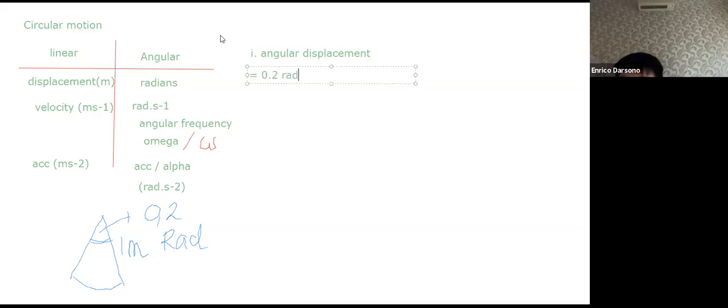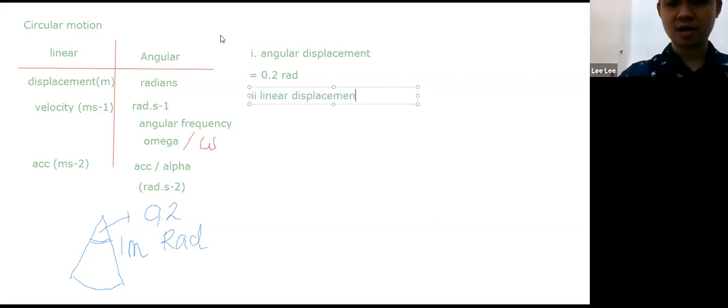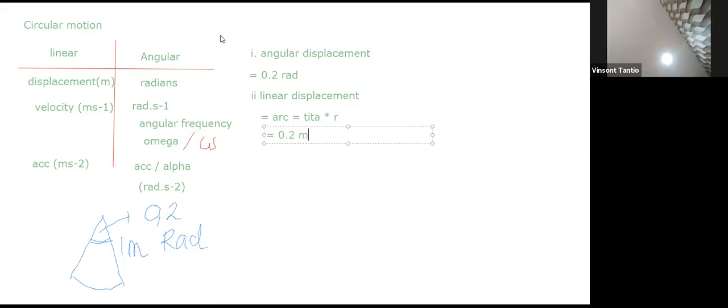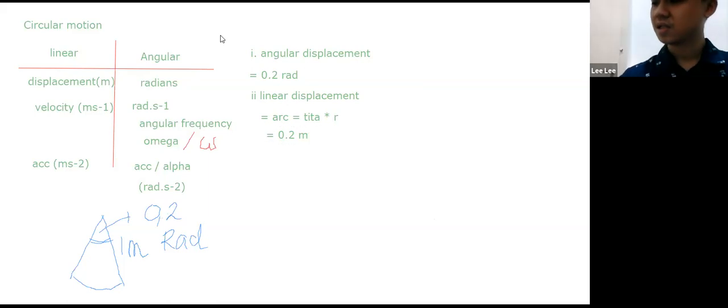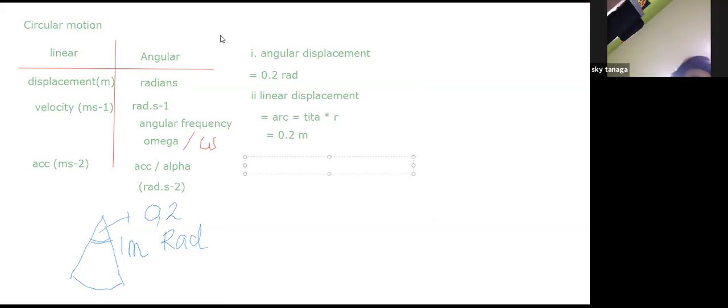So if I ask you for the linear displacement, it is only as simple as how much the arc changes. So the arc length is theta times r. So it becomes 0.2 meter also in this case. Do we have any questions? No, sir. So the linear displacement is always the arc only, sir. Yeah.